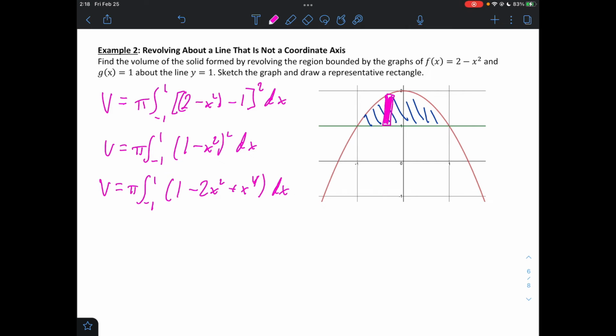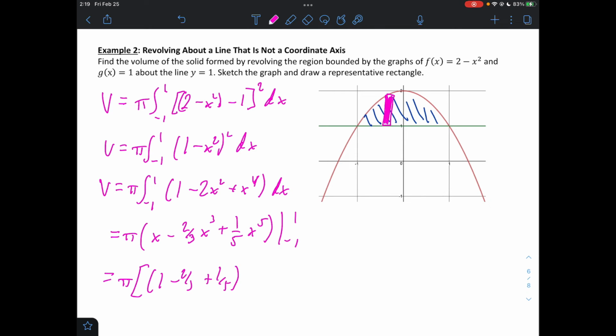Taking our antiderivative would be x minus 2/3 x to the 3rd plus 1/5 x to the 5th from negative 1 to 1. So it's pi times 1 minus 2/3 plus 1/5 minus negative 1 plus 2/3 minus 1/5.